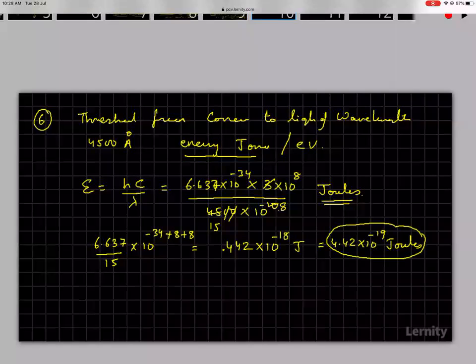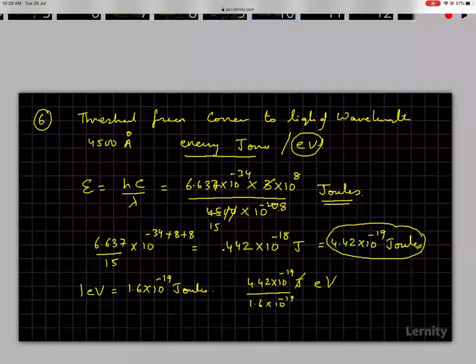Next, I am asking you what is the energy in electron volt. So you can write down that 1 electron volt is equal to 1.6 into 10 power minus 19 joules. So 4.42 into 10 power minus 19 joules divided by 1.6 into 10 power minus 19 will give me the answer in electron volt.